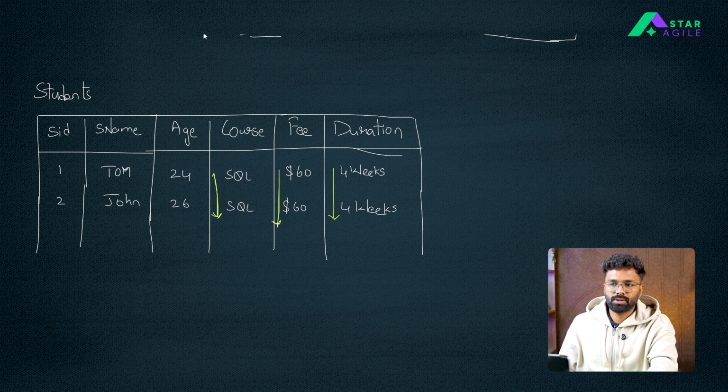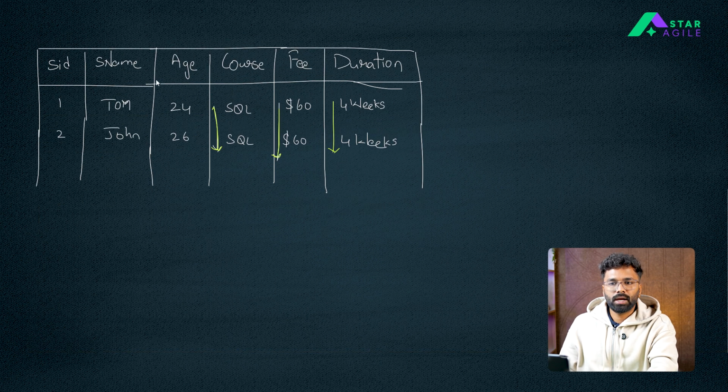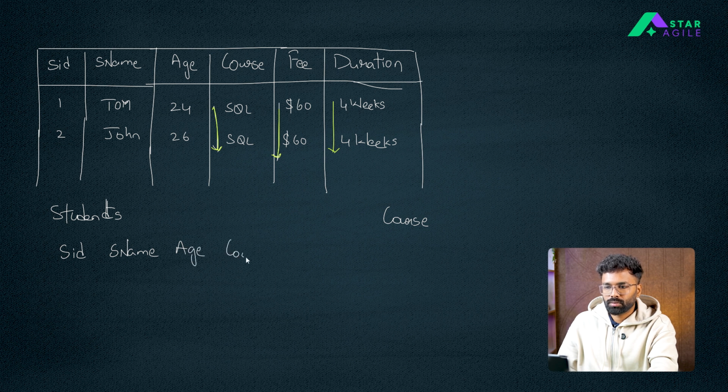So instead, I'll create different tables: one table as students and another table as course. In the students table, I'll keep the columns SID, SName, age, and course ID.